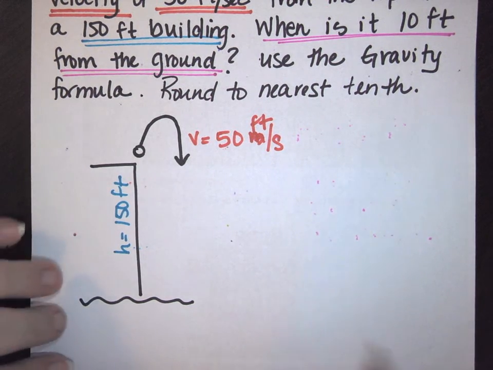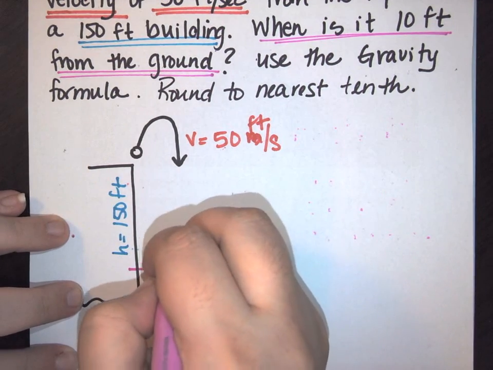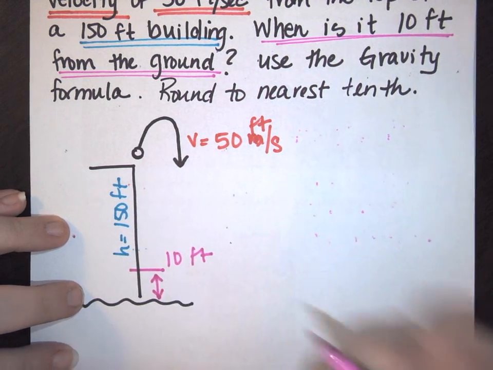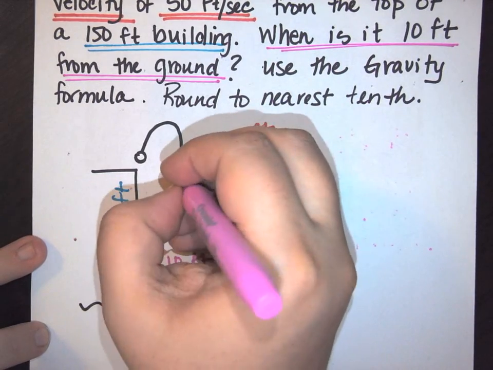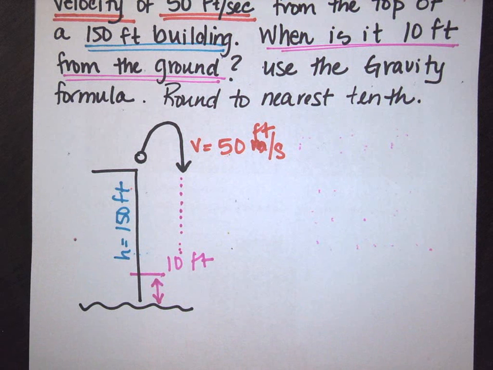So what we're looking for is that right here would be your 10 feet mark. So we are looking for when the ball reaches this area. The ball is going to keep coming down until it reaches the 10 feet off the ground. You need to use the gravity formula.